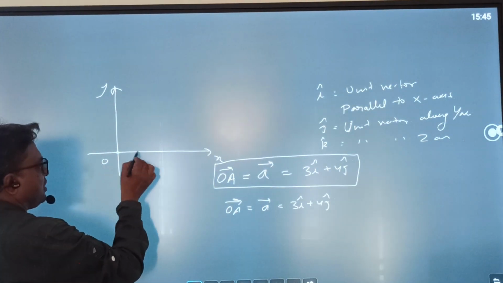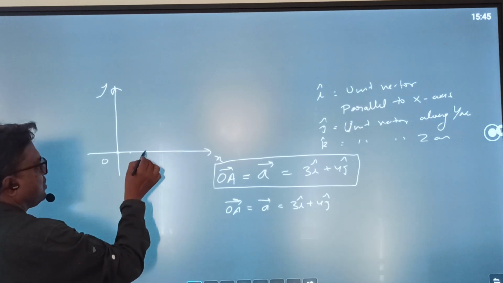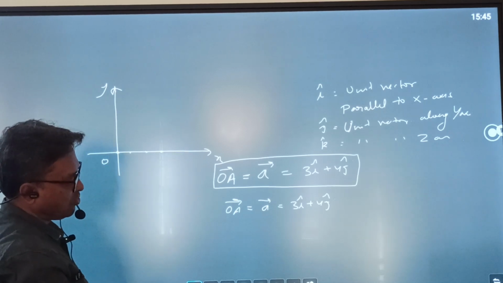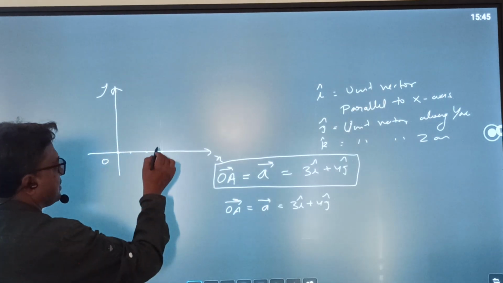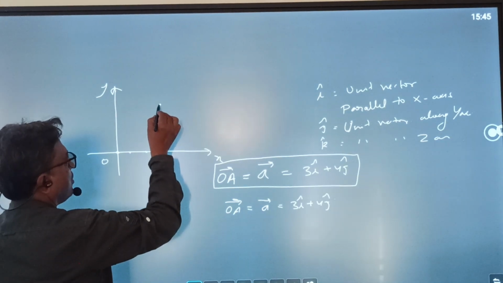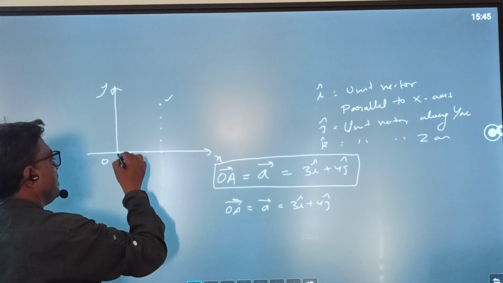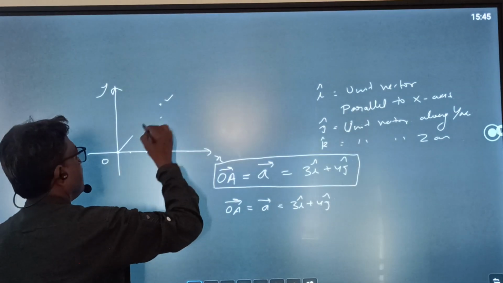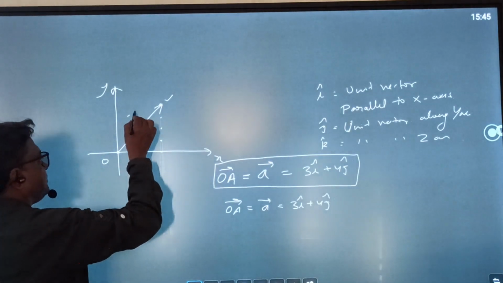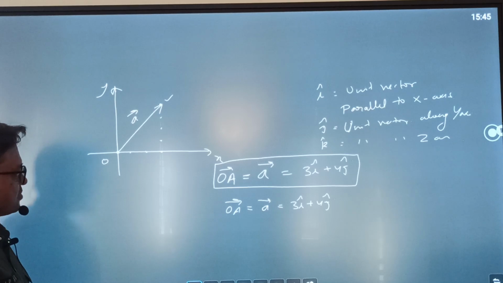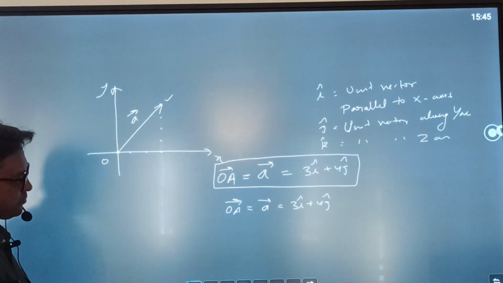I have to move 3 units along the positive x-axis. So 1, 2, 3. Then I have to move 4 units parallel to the y-axis. So 1, 2, 3, 4. Finally, I have reached here. So I will do nothing, I will simply join the initial point to the final point. This vector is vector A.